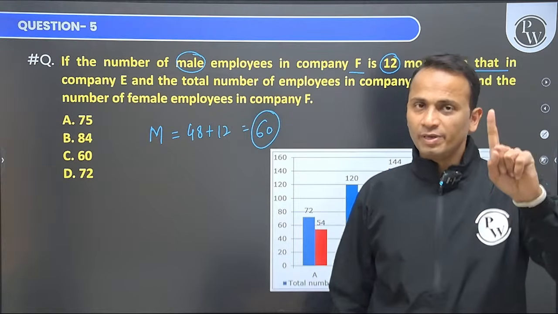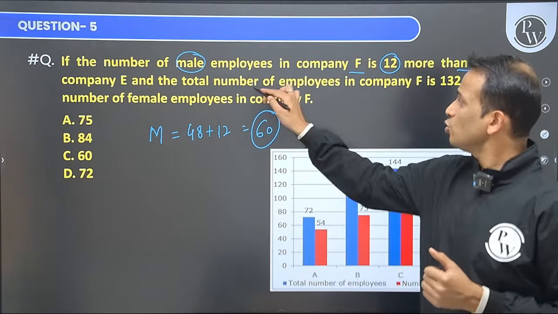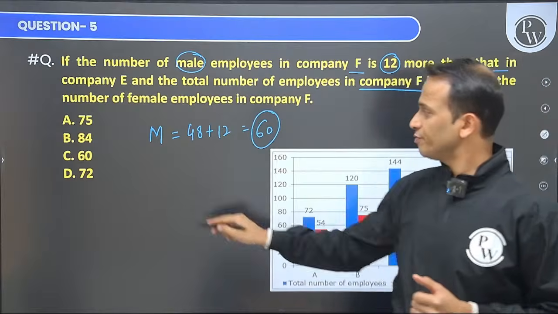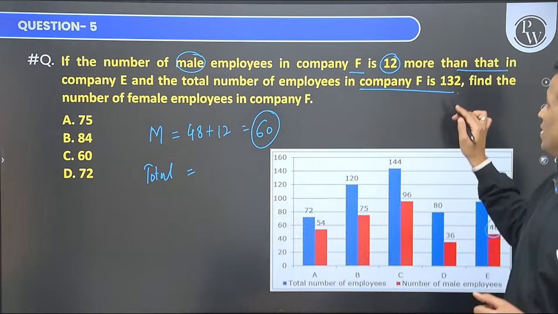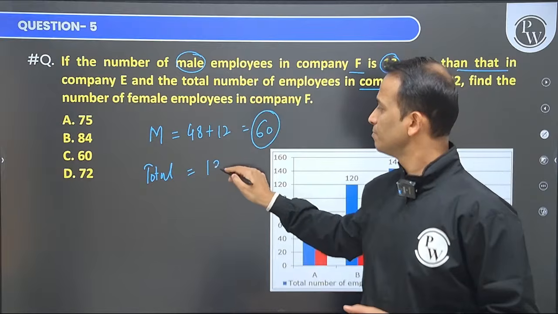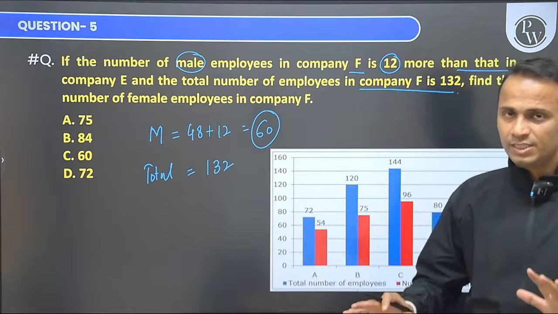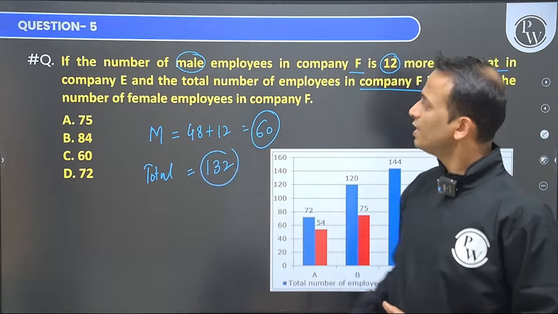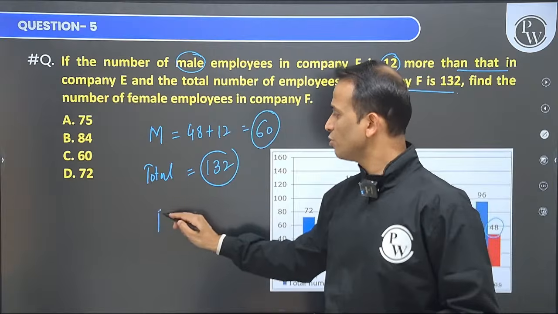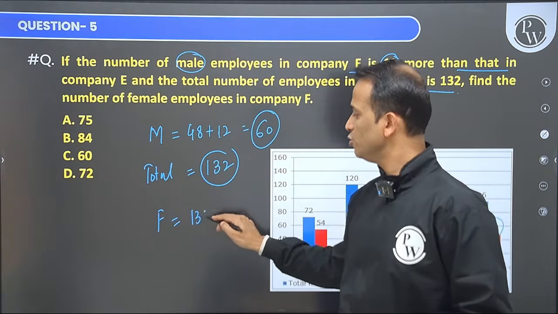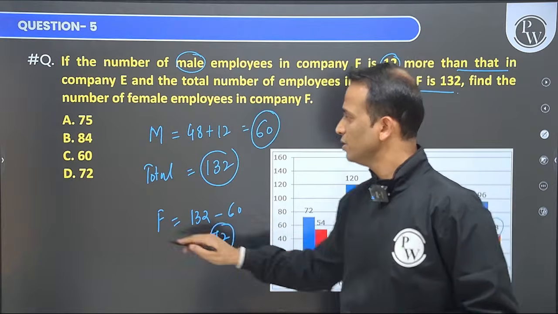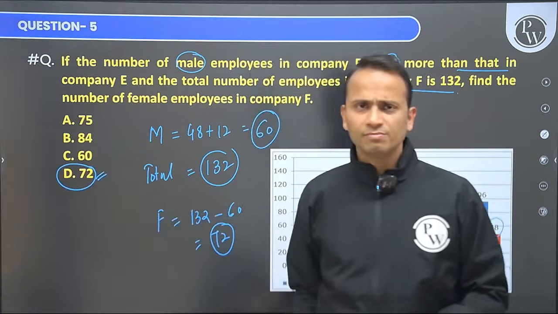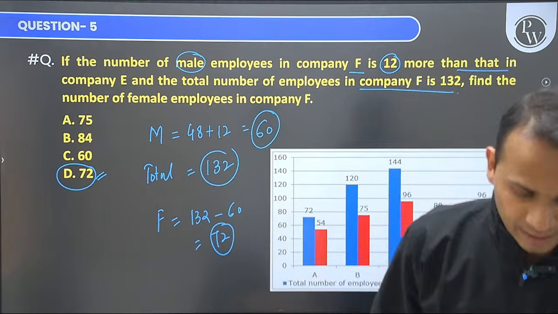Okay, so number of male employees we have got, and the total number of employees in company F is given as 132. Okay, done. Now find the number of female employees in company F. So number of female employees will be 132 minus 60, which is 72. So 72, option D, very simple, is the correct answer.